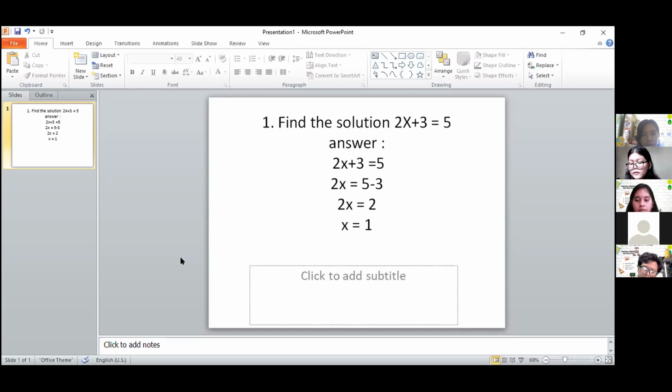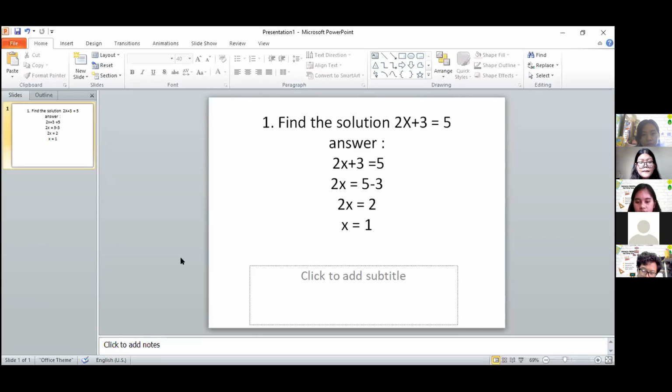On the left side, a half times 2x, you can group using the associative property: a half times 2, in brackets, times x. A half times 2 equal 1. 1 times x equal x. So we have x equal 1.